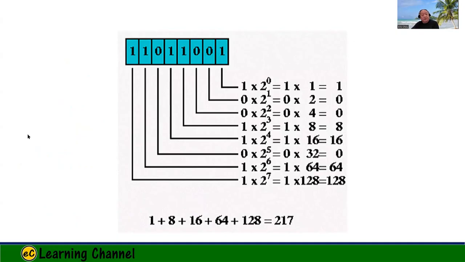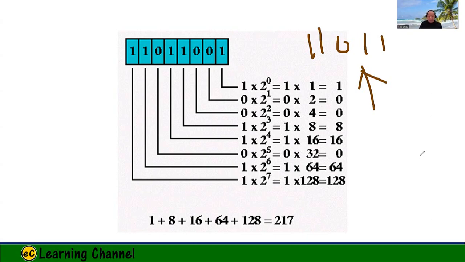Then you try 11011. What is this value in decimal? Okay, you calculate what this value is. You got to convert back and forth from decimal to binary, binary to decimal. You must know it.